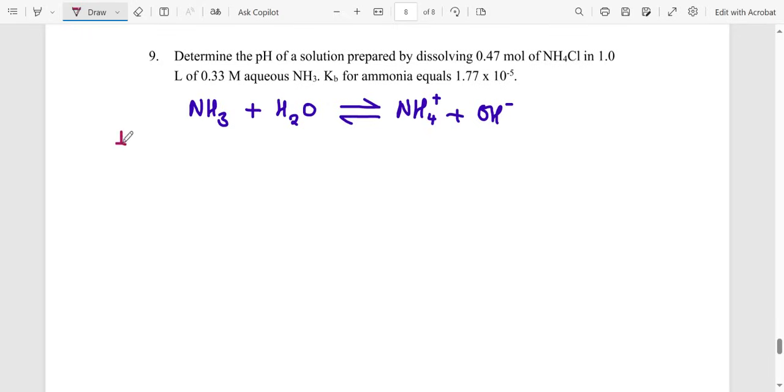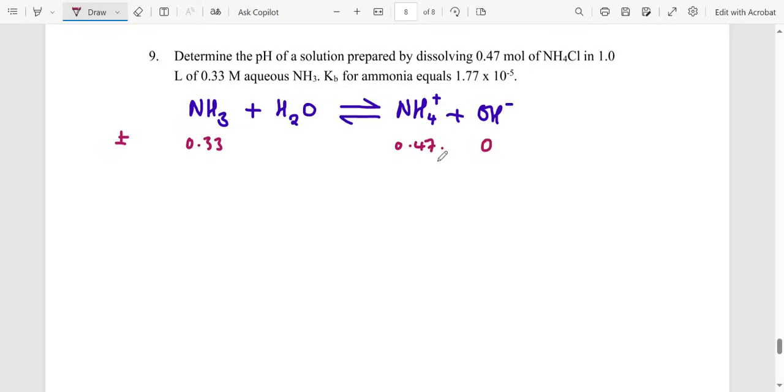So the initial number of moles for ammonia is 0.33. On the product side, we have got the moles of ammonium, sorry, that is 0.47 there. Initially, the concentration of the hydroxide is 0 at the beginning.